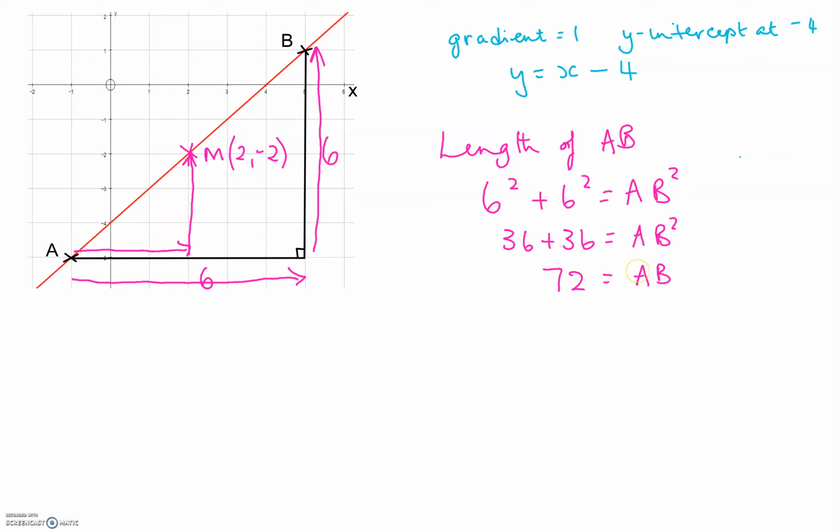And so in order to get the value of AB, we need to square root our 72. And so we get that AB, just do that on my calculator again, is 8.485, and so is 8.5, and that's to 1 decimal place.